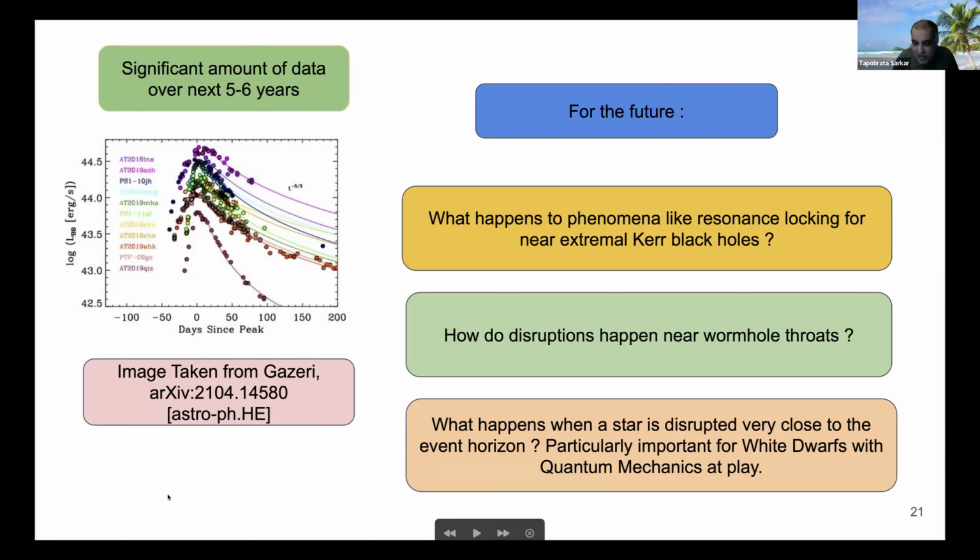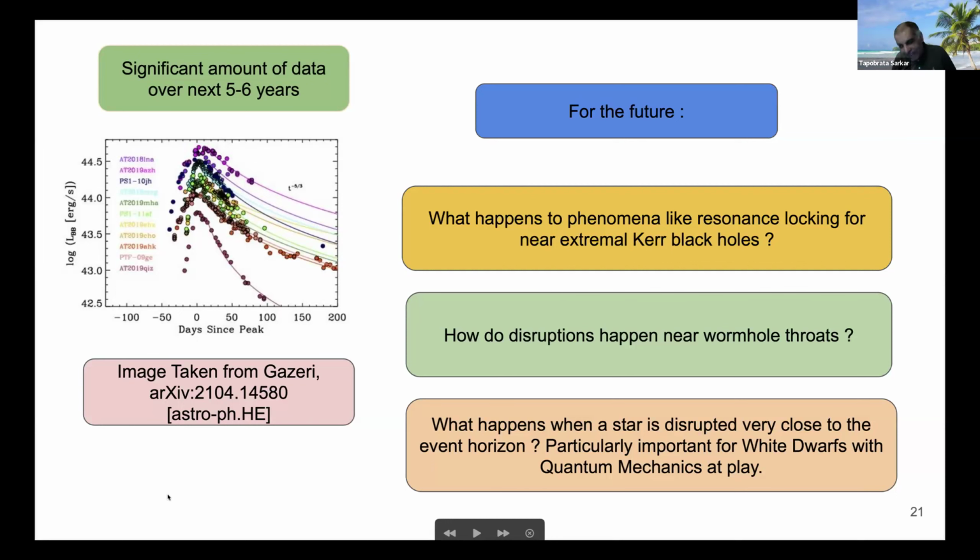That's one thing. And the very important thing is when a star is disrupted very close to the event horizon, particularly important for white dwarfs because you have the degeneracy pressure where the quantum mechanical forces come into play. So how do you look at such events? One important thing that has happened in the last few years is the smooth particle hydrodynamics program that I told you about.